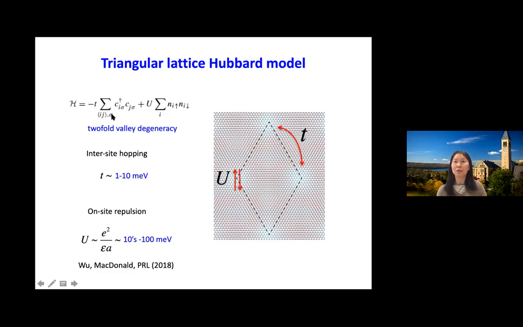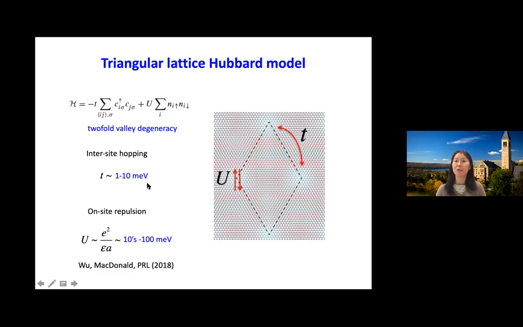In place of electron spin, here we can think of its valley pseudospin, because spin and valley are coupled. So still twofold degeneracy. This intersite hopping energy has been estimated around 1 to 10 meV.